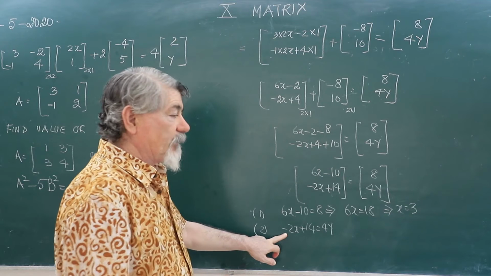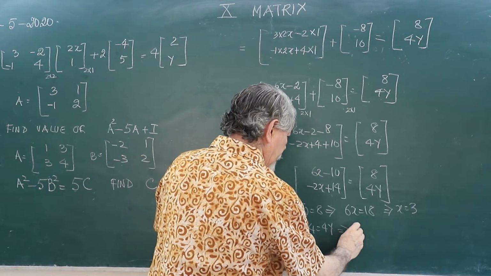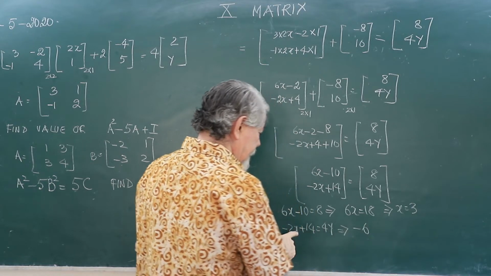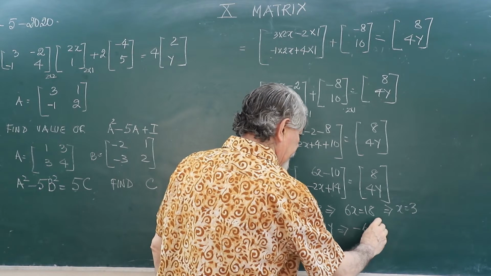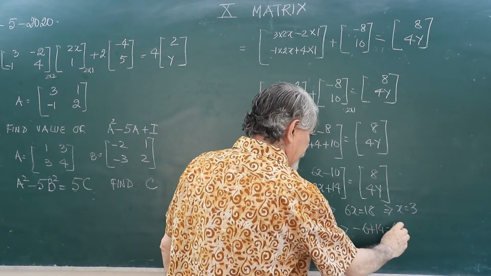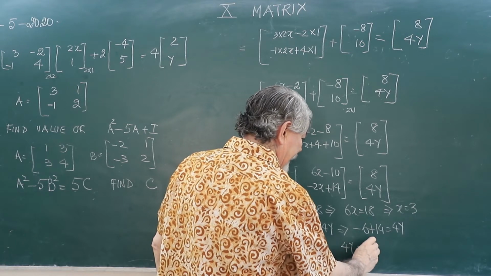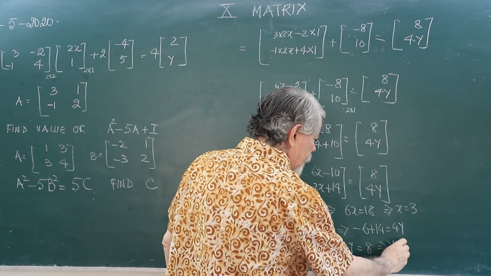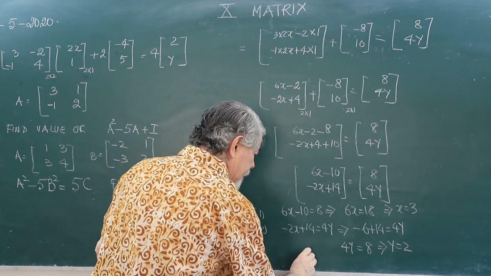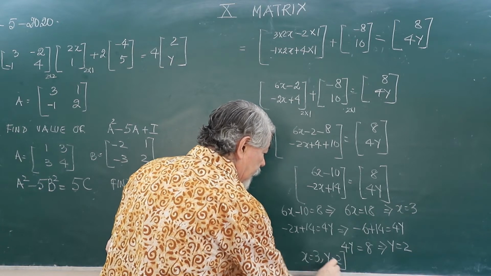We have already calculated the value of x as 3, so minus 2 into 3 will be minus 6, plus 14 is equal to 4y. So 4y will be equal to 8, since 14 minus 6 is 8. So y will be equal to 2. So x is 3 and y is 2 is your answer.